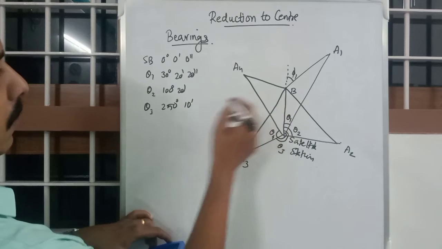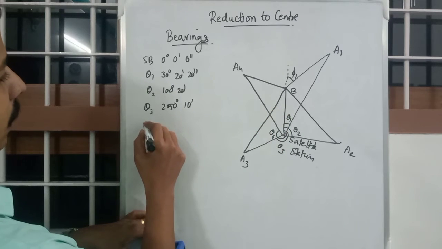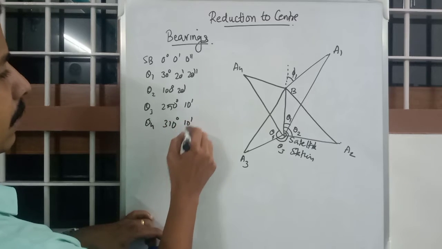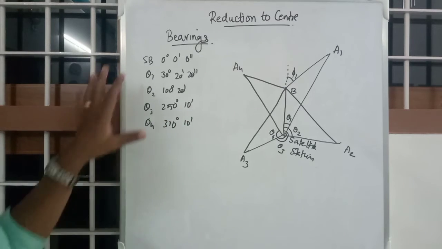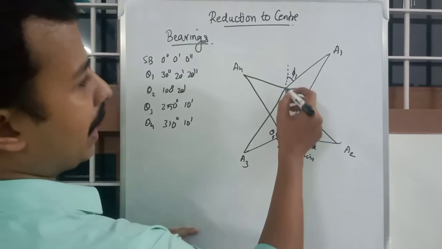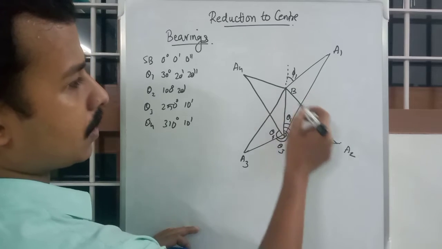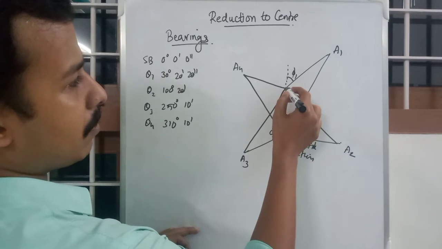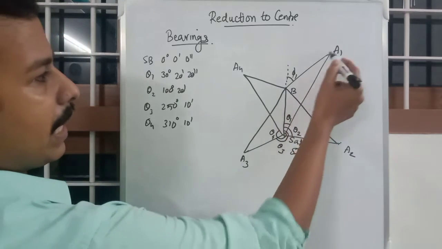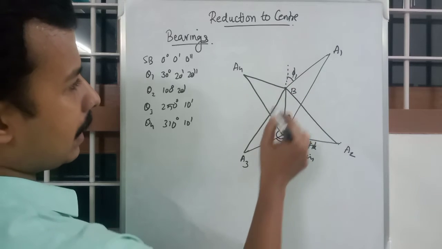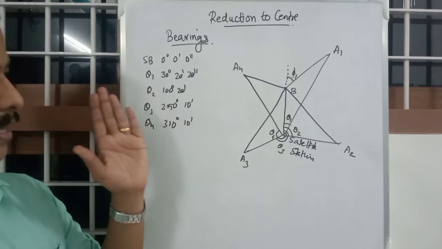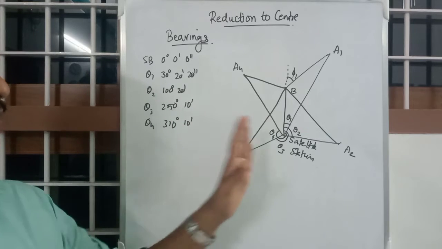Theta 4 is furthermore maybe around 300, that is theta 4 maybe 310 degree 10 minutes, etc. Okay, so this will be the question that you will be having, and you will also be having the distance that can be measured from the true station to that particular station, for example BA1, BA2, BA3 and BA4. Okay, so this is the same concept but with bearings.